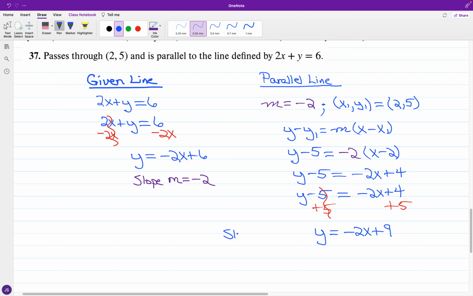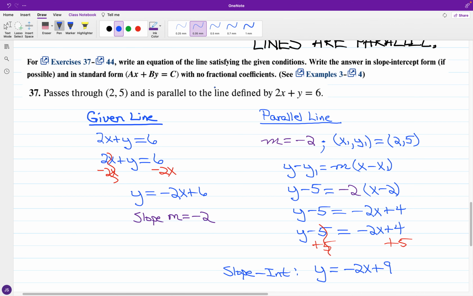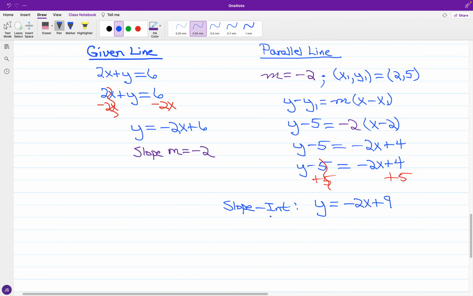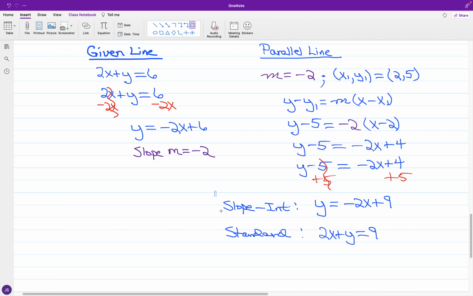Okay, so that would be the slope-intercept equation. And this other part, it was talking about just the standard form with no fractional coefficients. This is where you had the x and the y terms on the same side. And so if I have the x and y terms on the same side, I will move the 2x over. So I have 2x plus y is equal to 9.